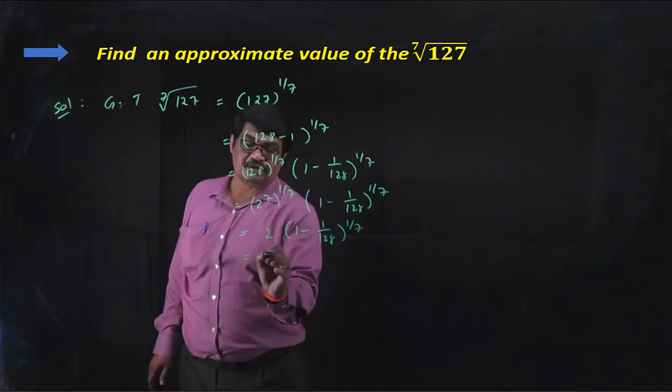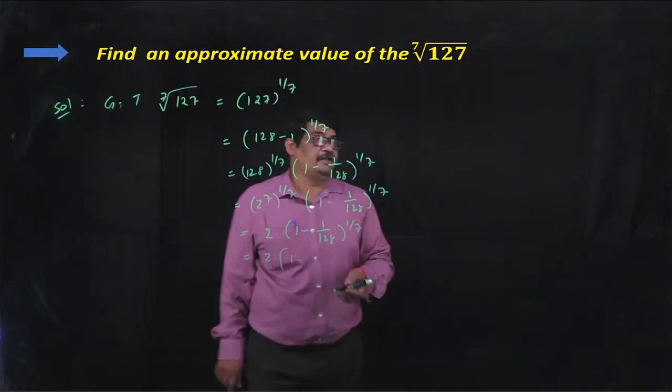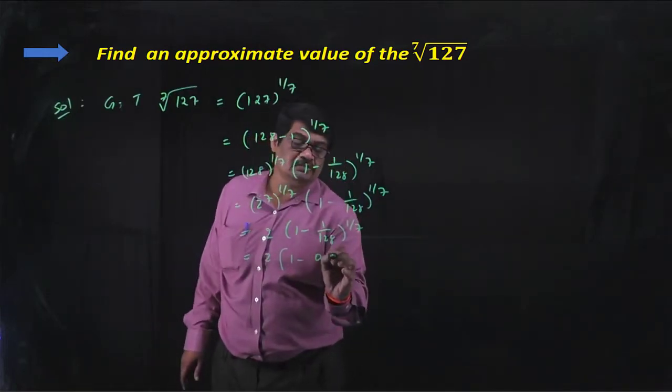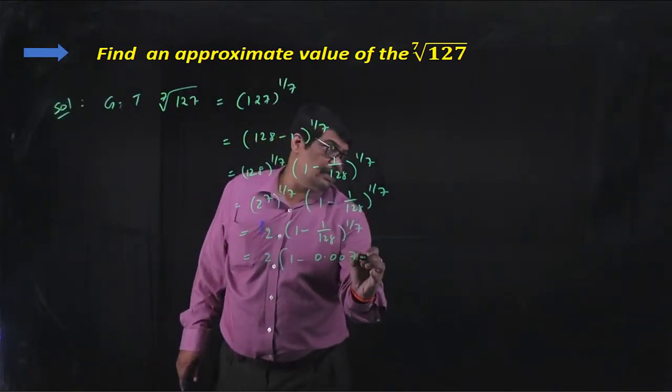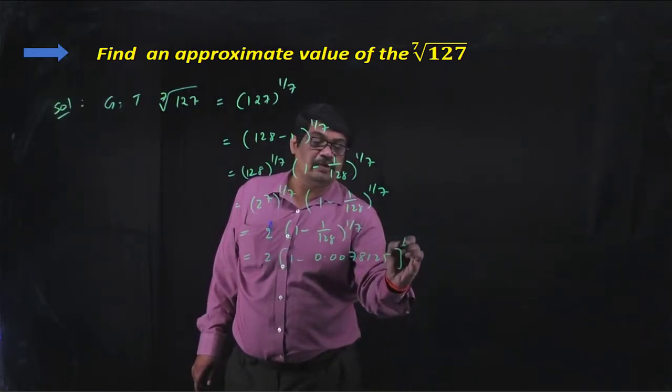So that is 2 into (1 minus 0.0078125) whole power 1 by 7.